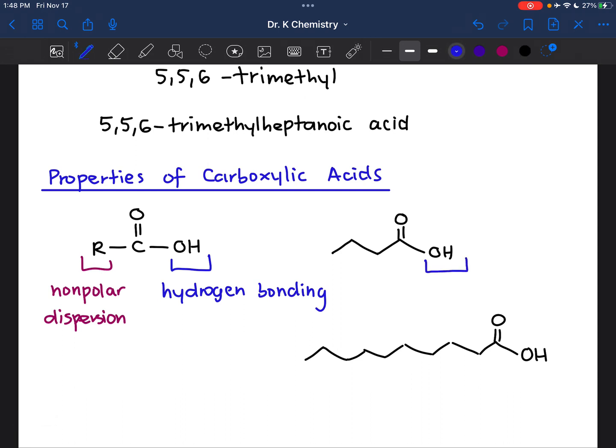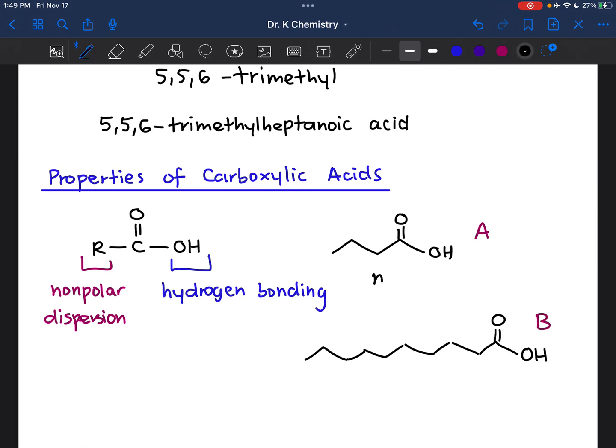So just like with alcohols, we saw that the more OH groups we have, in this case you'll only have 1 just based on the structure of the carboxylic acid, but the shorter this R group is, the more soluble the carboxylic acid will be in water, because the hydrogen bonding interaction on the OH will be able to compensate for the nonpolar interactions in the R group.